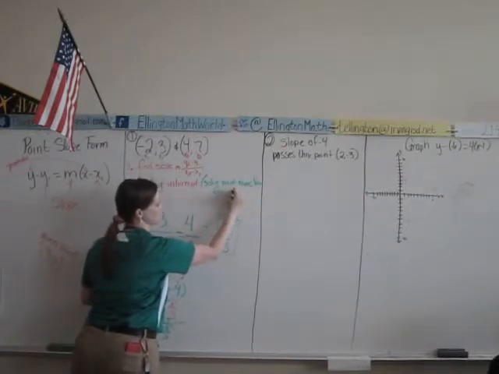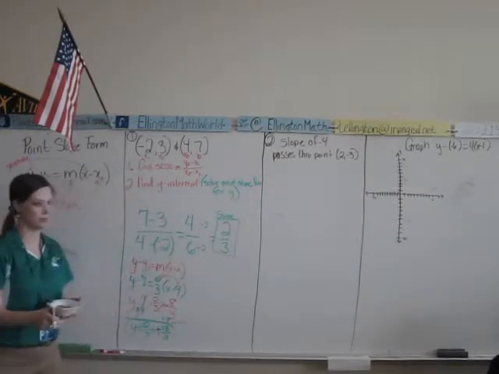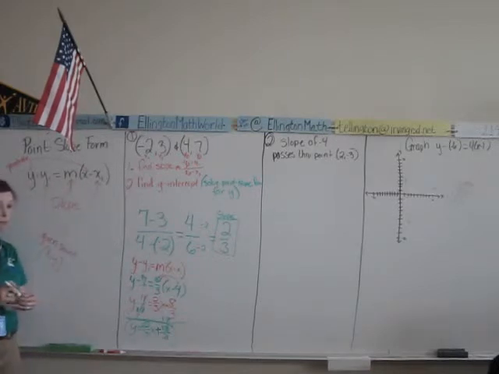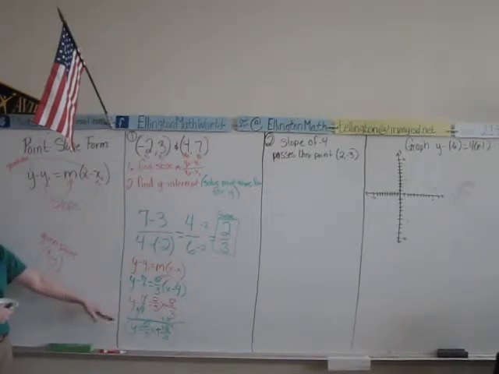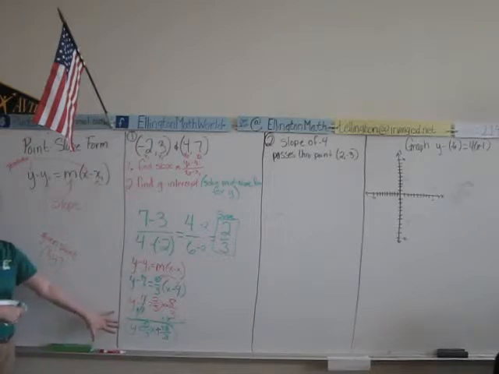For the 13 over 3, is it still going to stay over? Yes, when you're doing algebra, you can leave it like that, because I can't divide it any lower. 13 won't divide by 3, and the only numbers I can divide 3 by are 3 and 1. So that's in lowest terms, so I get to leave it improper.